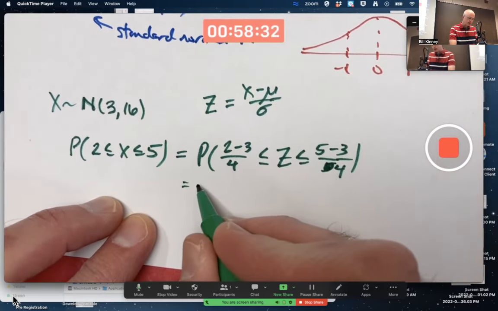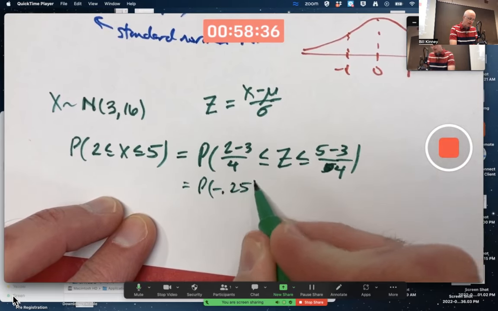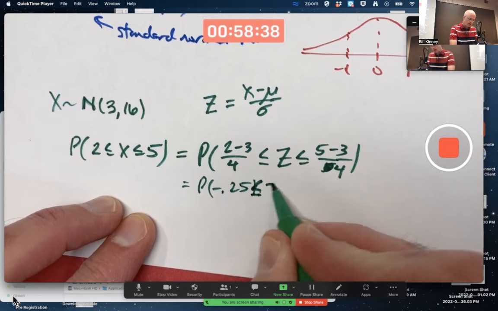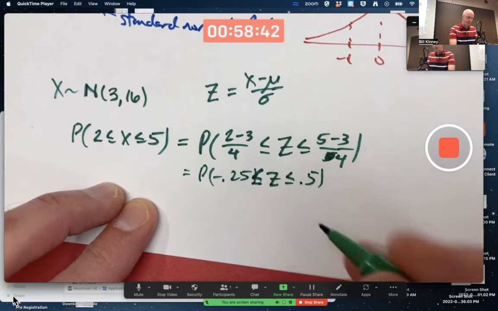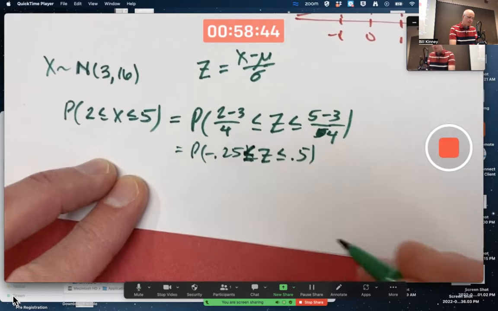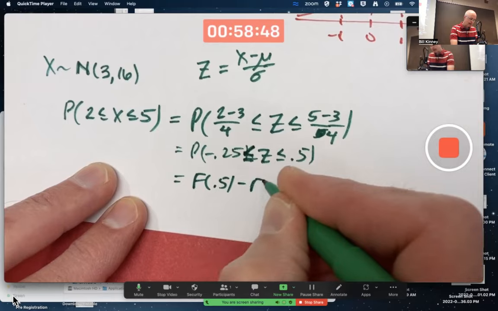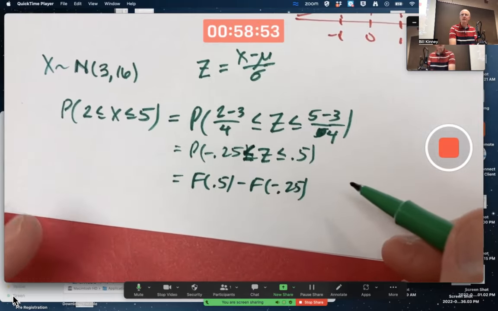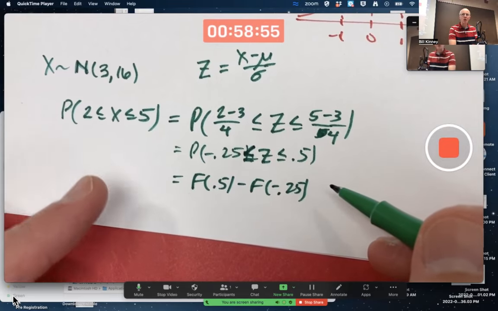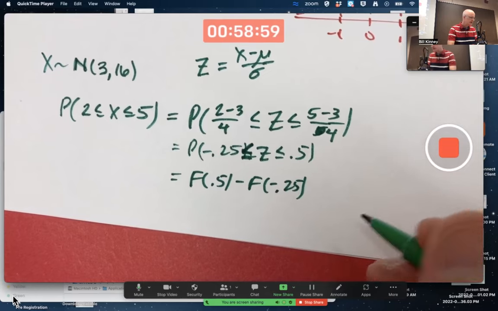And this becomes what? The probability that Z is between negative 0.25 and positive 0.5. And that'll be capital F of 0.5 minus capital F of negative 0.25. Once again, it doesn't matter whether you use less than or equal to signs or less than signs in these things because it's the same probabilities.